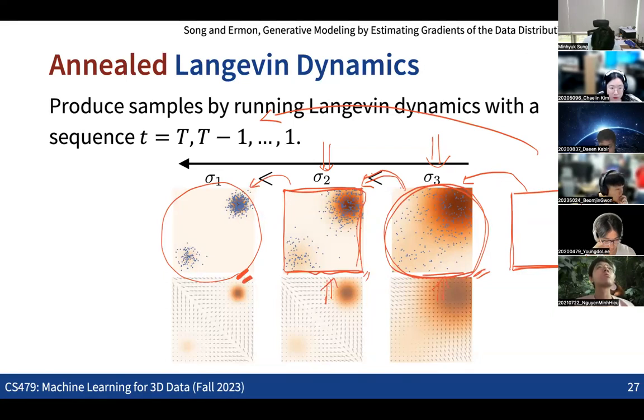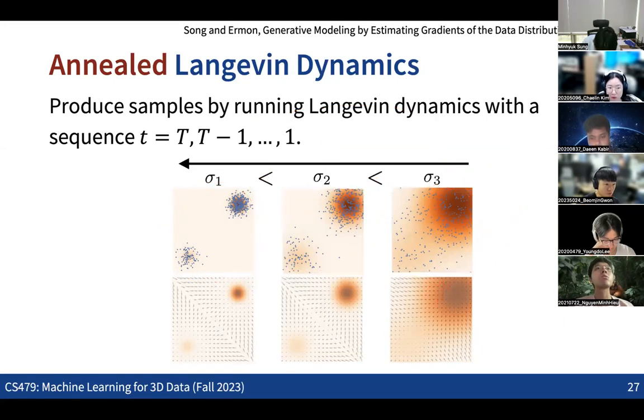With multiple intermediate steps, the difference between the target data distribution and the previous distribution is minimized, so we can see where we need to constantly know more accurate score information. So that's the idea of annealed Langevin dynamics.